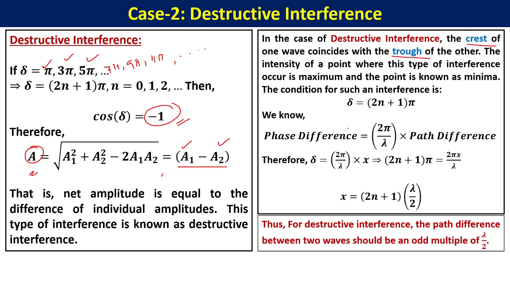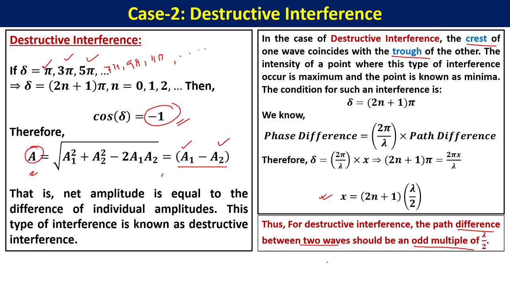Following the same principle, that phase difference equals twice pi by lambda into path difference, if you put that in, you will finally get x equal to twice n plus 1 lambda by 2. So for destructive interference, the path difference of two waves should be an odd multiple of lambda by 2. If the path difference is an even multiple of lambda by 2, you get constructive interference.